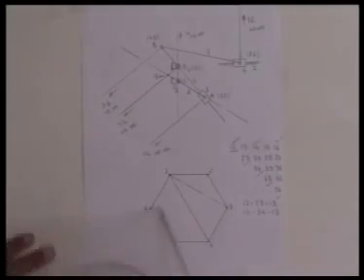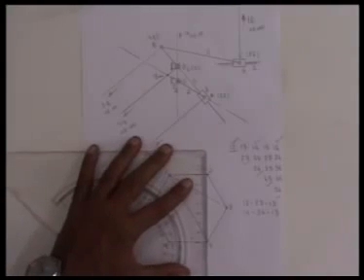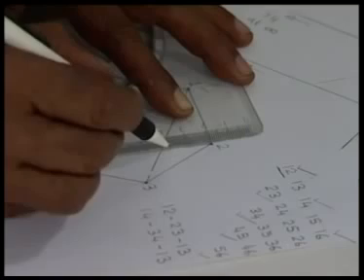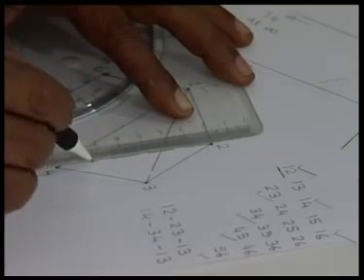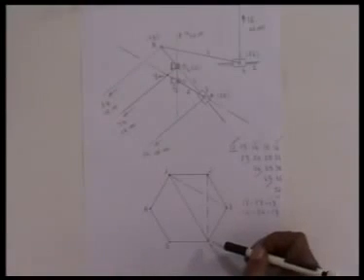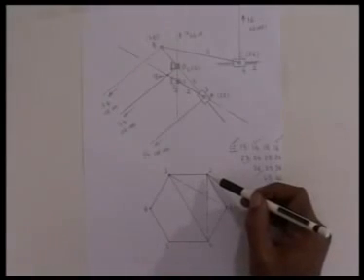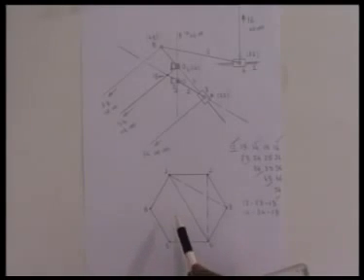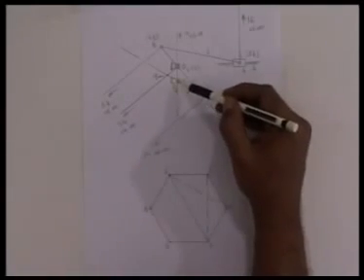Same way, I can determine 2 4. 2 4 I can consider as lying on a line joining 2 3 and 3 4, and also on the line joining 1 2 and 1 4. This is 1 2, this is 1 4.